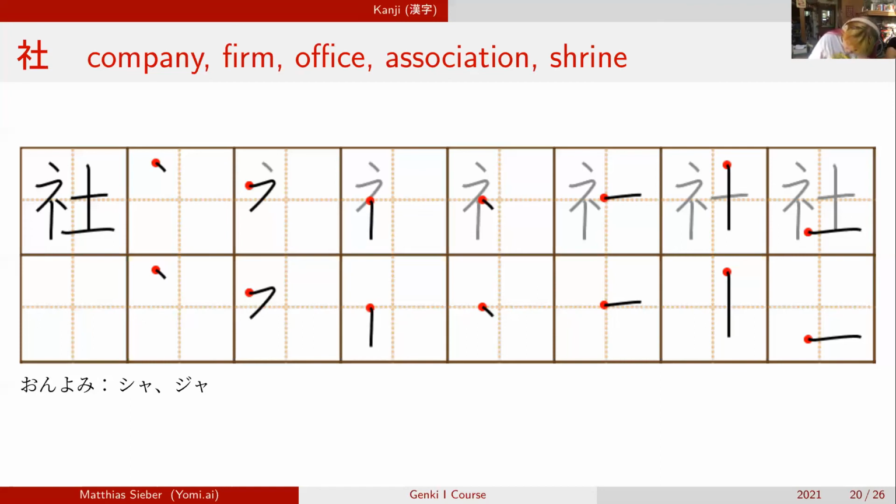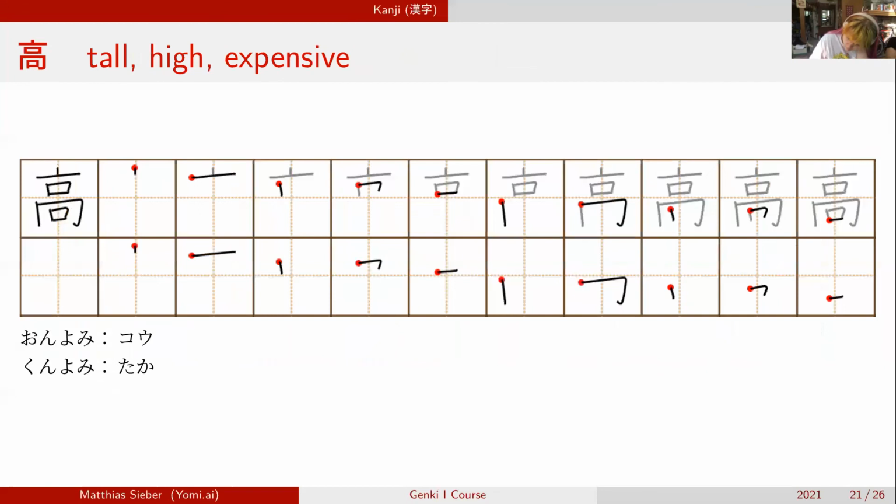So we have kaisha, company, and shakai, which means society. Oh, I will forever associate this kanji with Meiri-san.